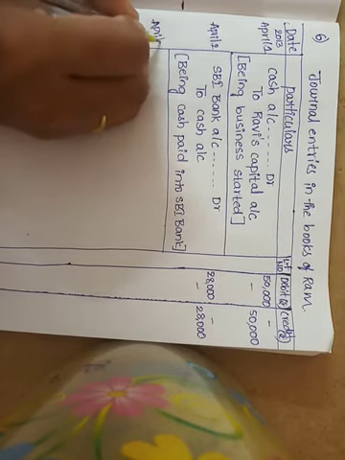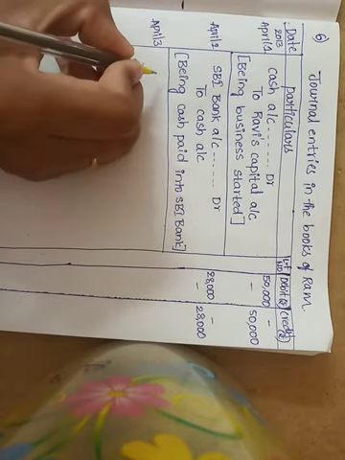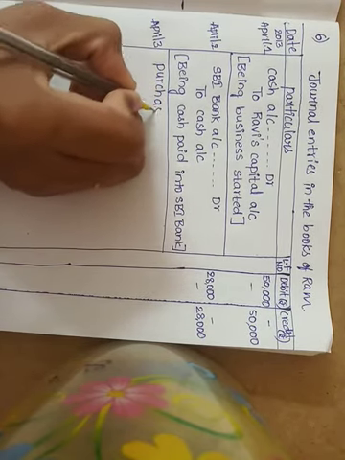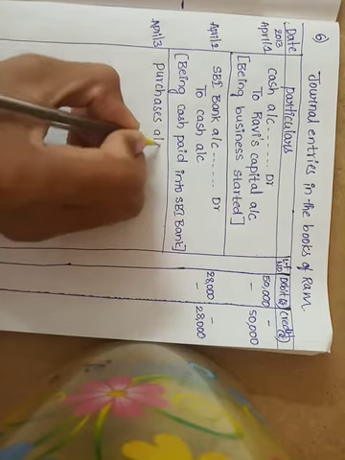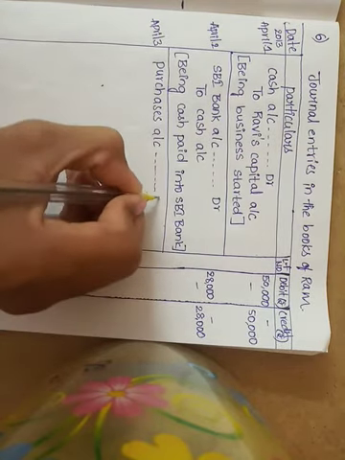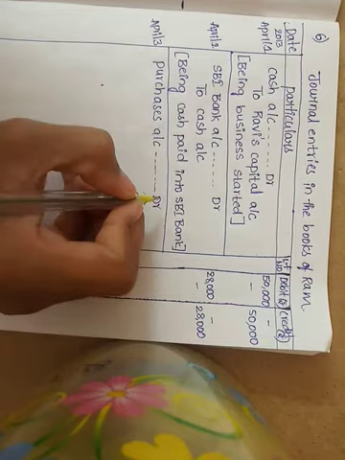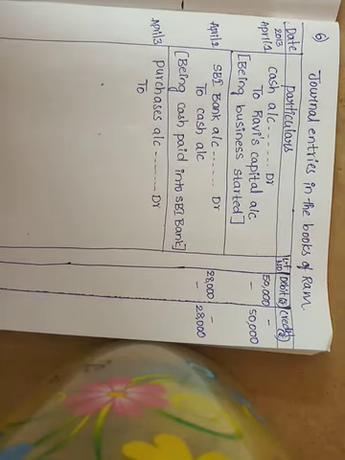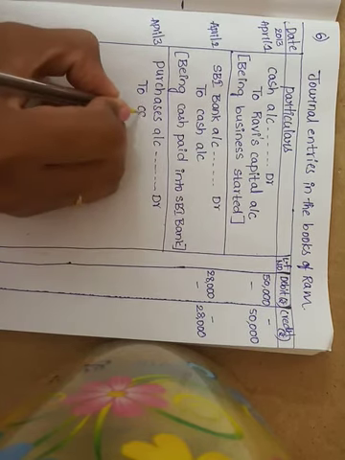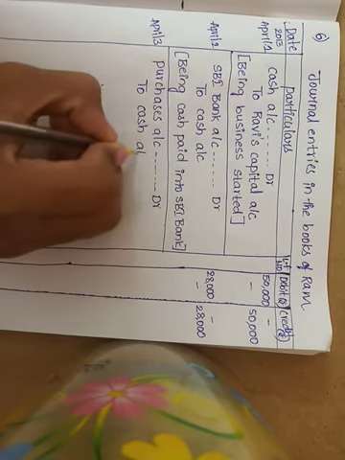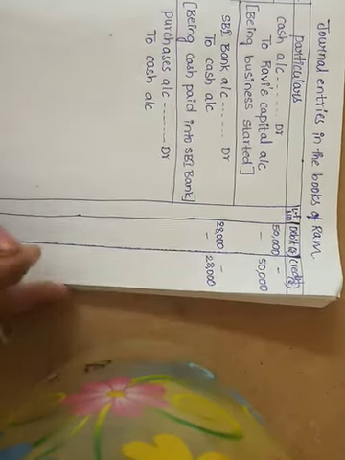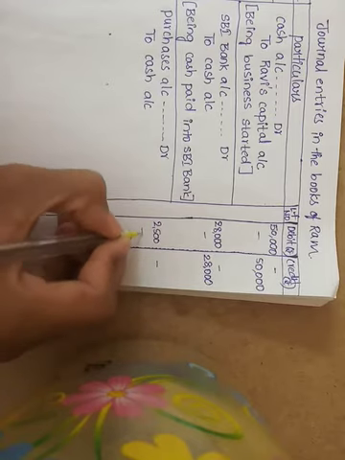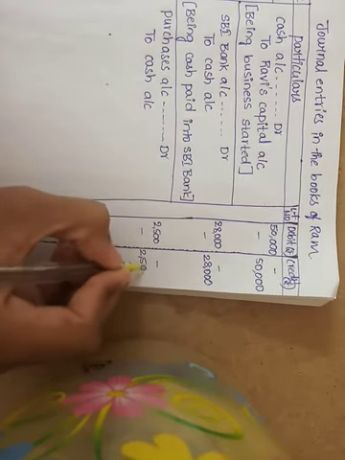Purchases account debit to cash account, amount rupees 2,500.